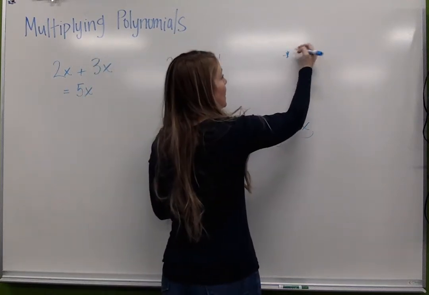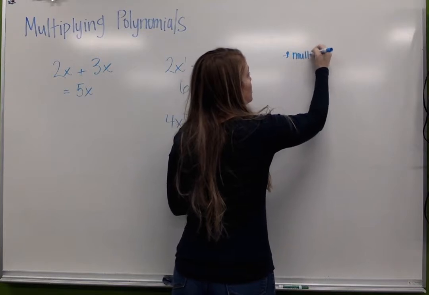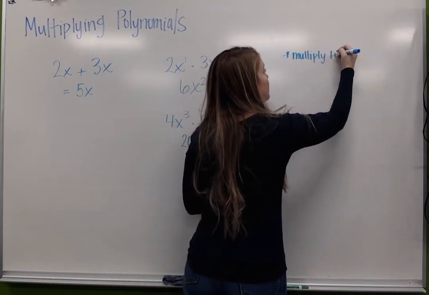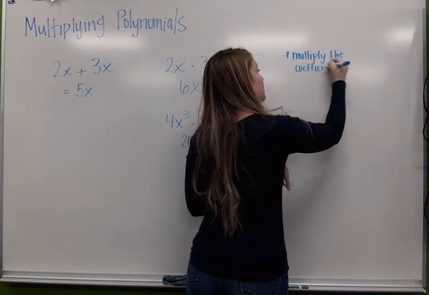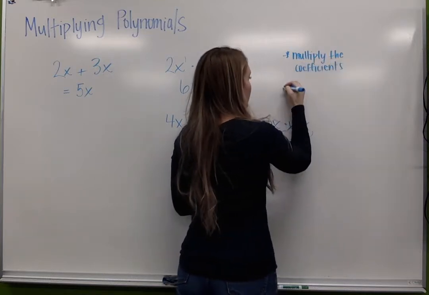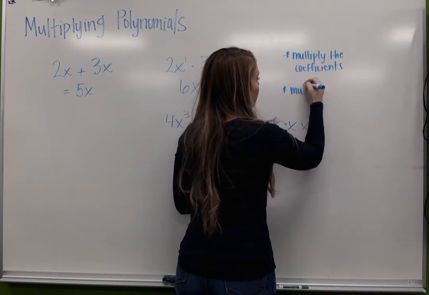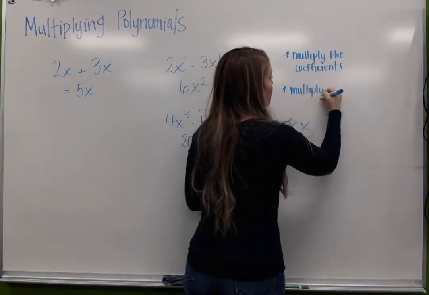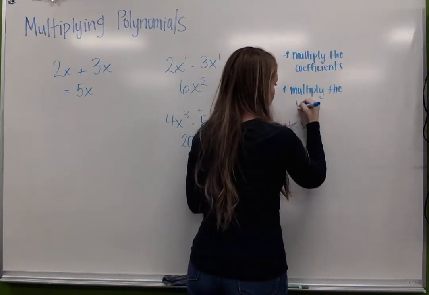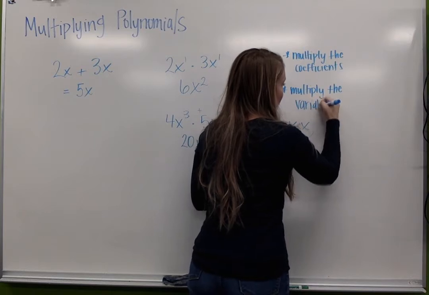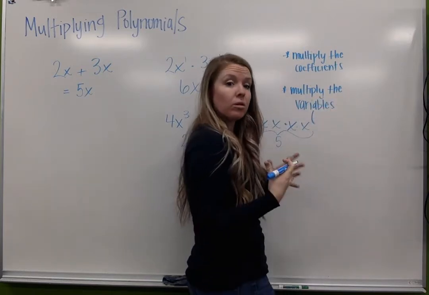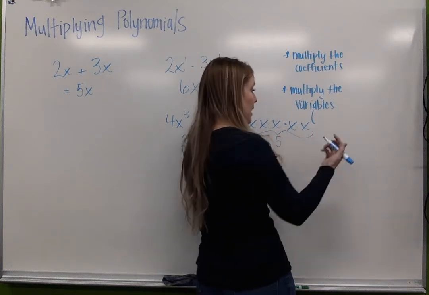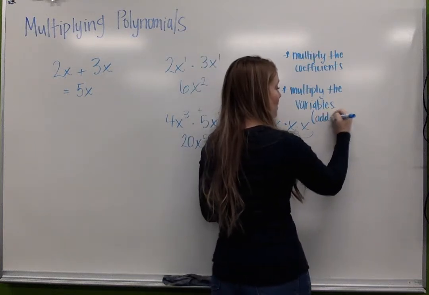So we'll put a little side note here. We multiply the coefficients and we multiply the variables. With multiplying the variables, if they're the same variable, a common variable, x times x, you add the exponents.